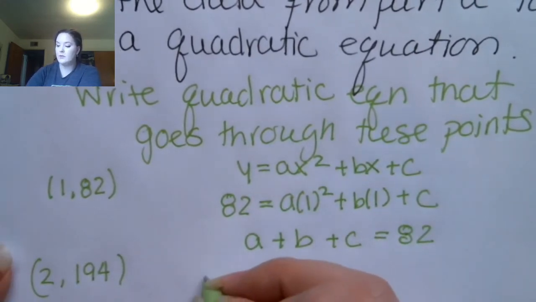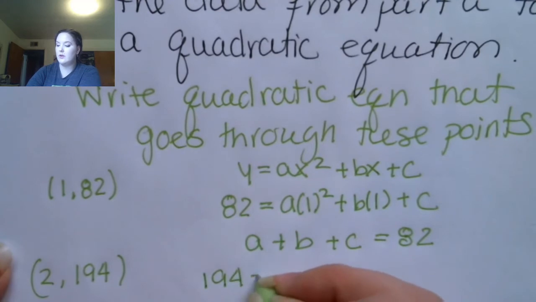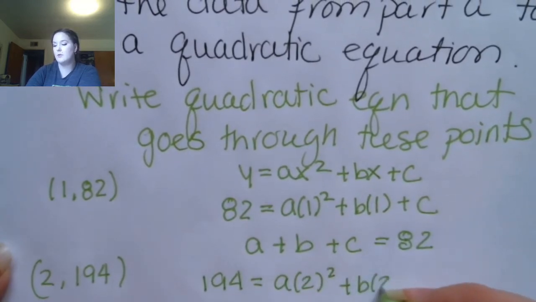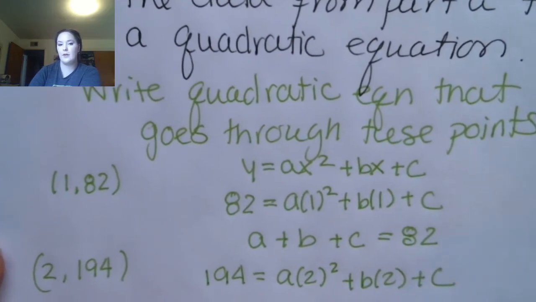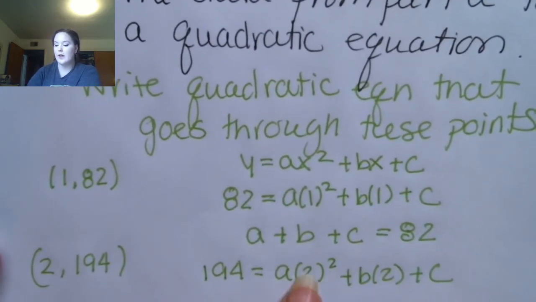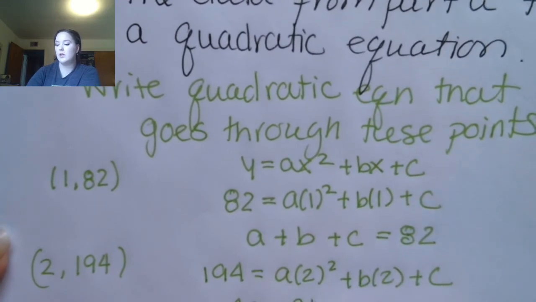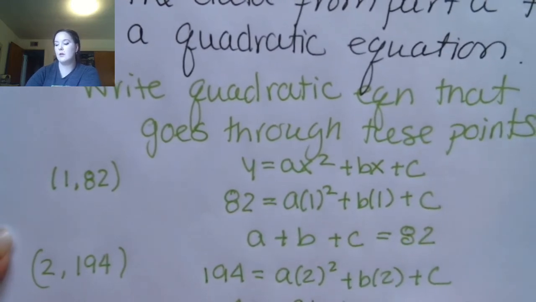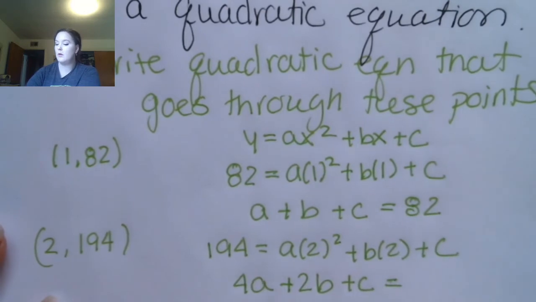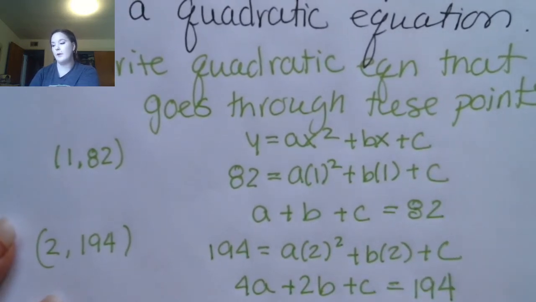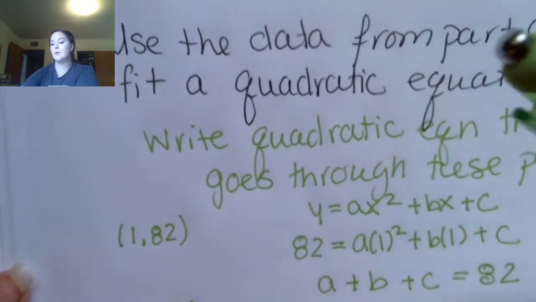Okay, so I'll get 194 equals a times 2 squared plus b times 2 plus c. Okay, and I can write that as 4a plus 2b plus c equals 194. Okay, and then I'm going to plug in that last point.